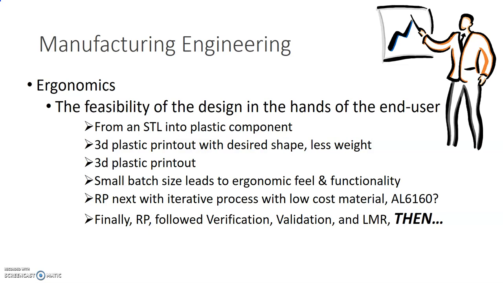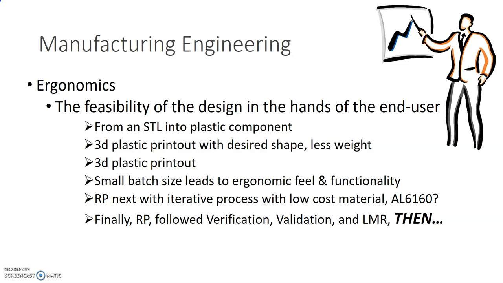You export it into an STL for the sake of a plastic component. A 3D plastic printout, while it doesn't necessarily have the correct weight of the end product, has a desired shape, and you can run them in small batches to get the ergonomic feel and functionality intent.